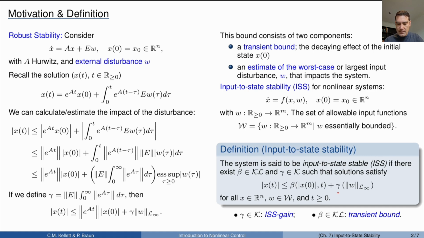Since gamma is a K function, if omega is going to 0, so the largest allowable disturbance is going to 0, then we recover our original asymptotic stability bound. But if omega is unequal to 0, then we have this additive term.